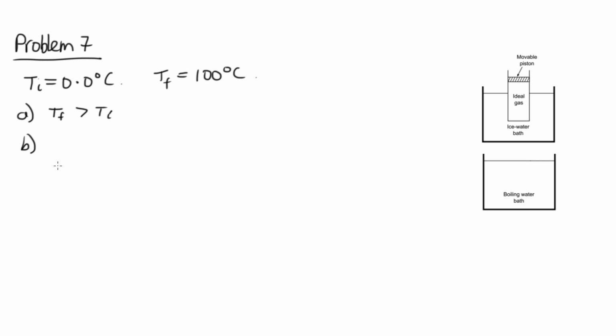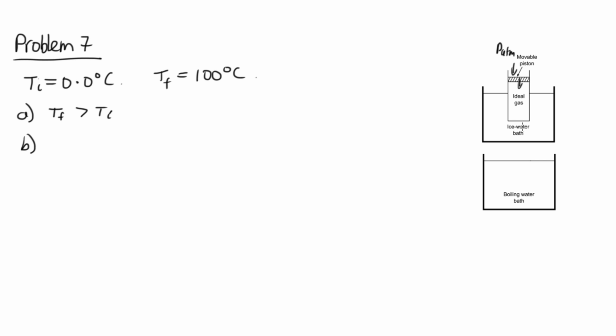Now in part B it says, is the final pressure greater than or equal to the initial pressure? Now this one can be a bit tricky, but we need to remember what is causing this pressure. This piston is absolutely free to move. So what's causing the pressure in here is the weight force of the piston itself acting downwards, and also we've got atmospheric pressure up here.